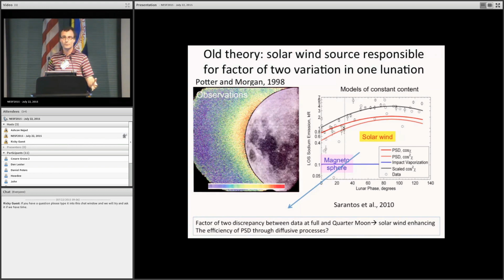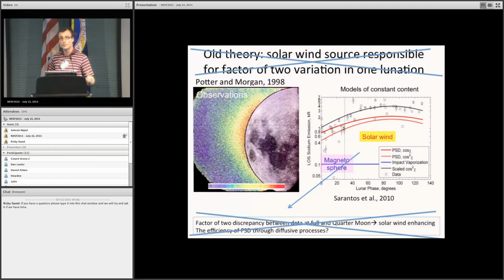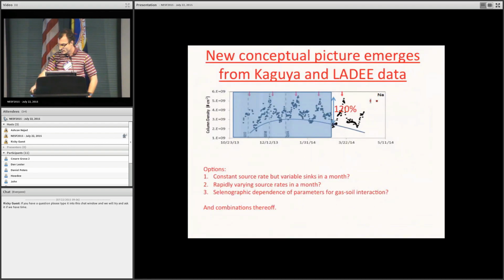And so we assumed, more or less, that the solar wind affects the yields for photodesorption by a factor of 2. It turns out that these new measurements clearly tell us that this is not what's happening. And so this requires some modification in our theories for how we explain this variation over a month.